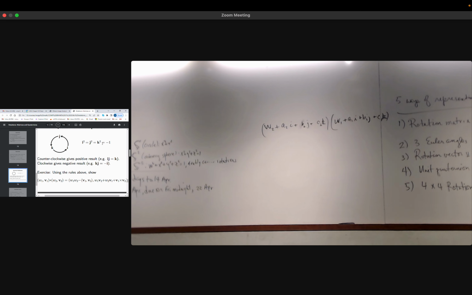You get W1 W2 minus the inner product of the two vectors as the real term. And the other three terms come from W1 V2, W2 V1, and the cross product of V1 and V2. It'd be worth your proving for yourself that that's indeed the formula that follows from all the algebra that I did for you just here.